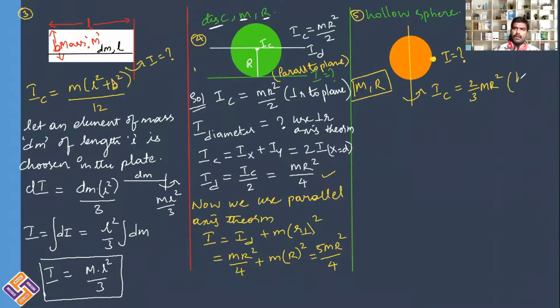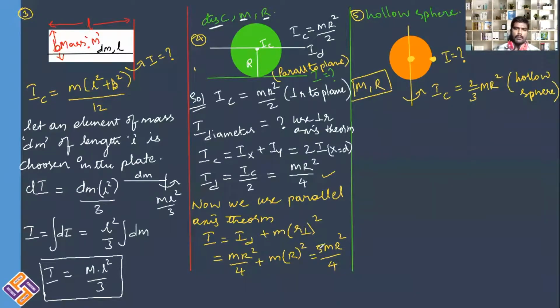This is for hollow sphere. Likewise, at the center, you can even take axis like this also, for a sphere is identical along any diameter.